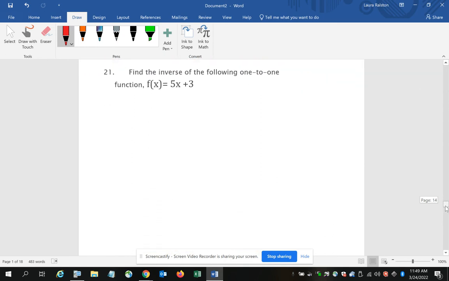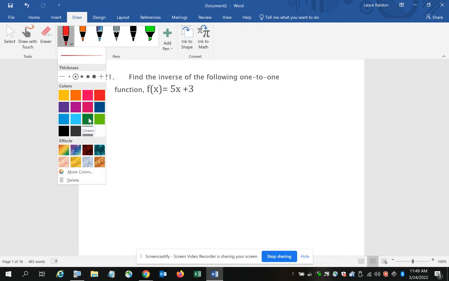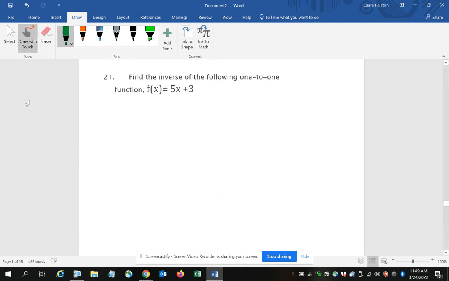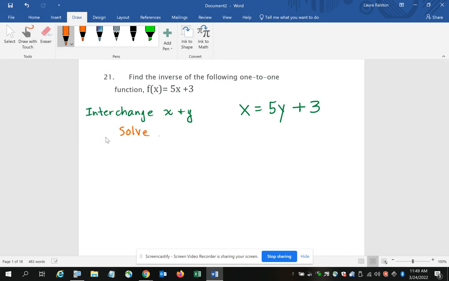Okay, question 21 says find the inverse of the following one-to-one function. It again tells you initially that it is one-to-one. We did one similar to this earlier. Okay, and so remember the process is we interchange x and y. So we would have x equals 5y plus 3. And then we want to solve for y.